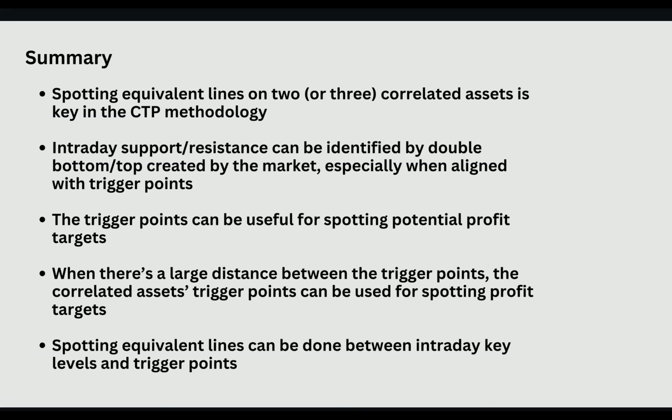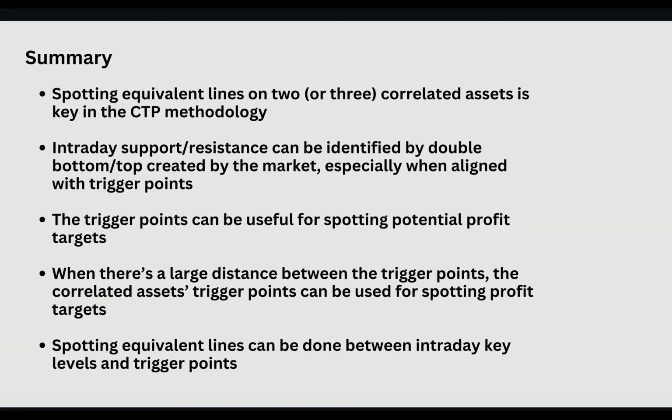Now let's summarize. Spotting equivalent lines on 2 or 3 correlated assets is key in the CTP methodology. Intraday support and resistance can be identified by double bottom or top created by the market, especially when aligned with the trigger points.